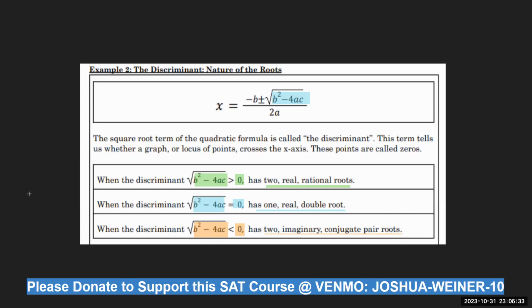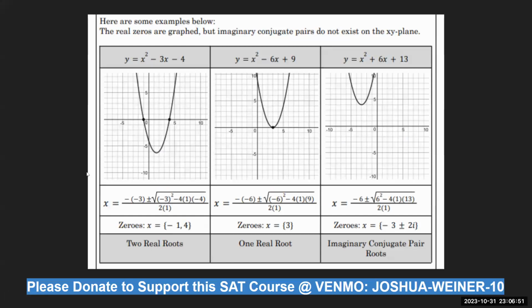Let's look at an example so that you can use the discriminant test to see if it's positive and the roots are real, if it's equal to 0 there's only one root, or if it's negative, we have imaginary roots. Here we go. In these three examples, you can see that just by calculating the discriminant, it will be verified in the graph.